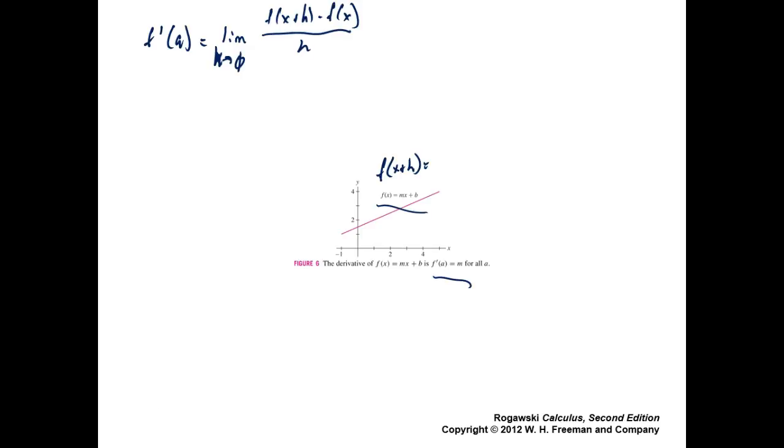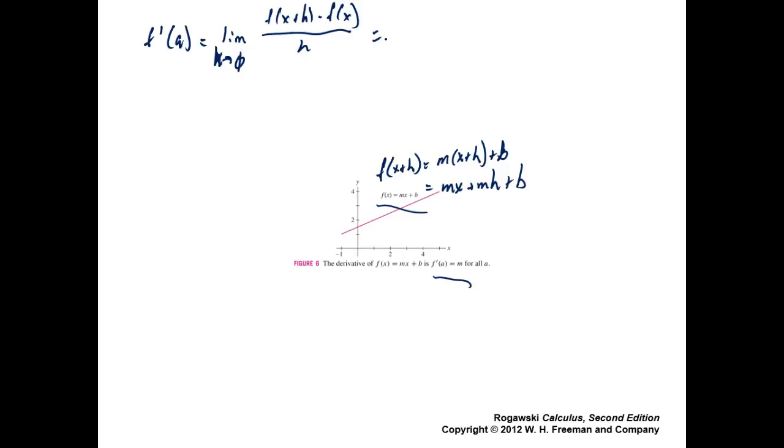So instead of x, we put in x plus h. Instead of x here, we put in x plus h, and what does that give us? M times x plus h plus b, right? So what would this be? This would be mx plus mh plus b, right? All right, so that's what we put up here.